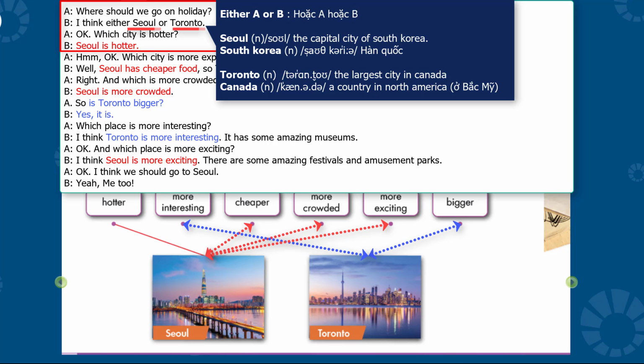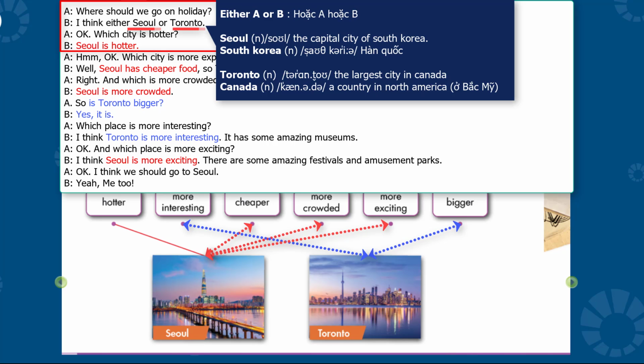Ok, hoặc là Seoul là thành phố. Seoul là thành phố thủ đô của Hàn Quốc. Is the capital city of South Korea. Toronto is the largest city in Canada. Okay, Toronto là thành phố lớn nhất ở Canada, một đất nước ở Bắc Mỹ.